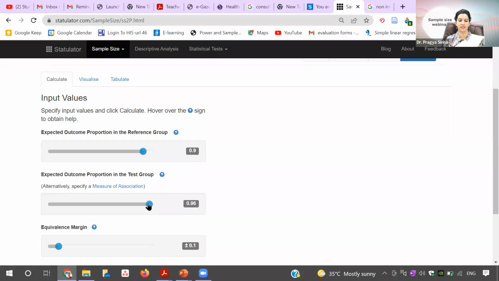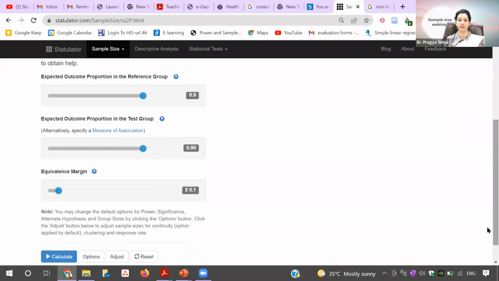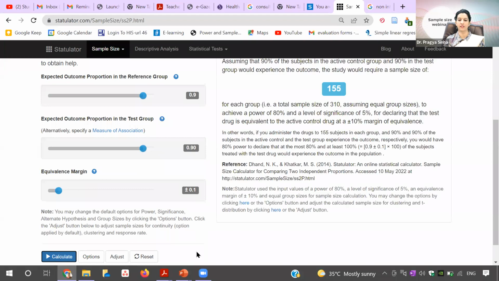And then it is 0.90 here also. And this equivalence margin is 1%, 0.1. So this is 10%. So if you calculate, you will see it is 155.